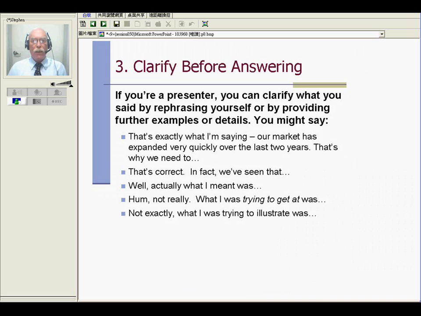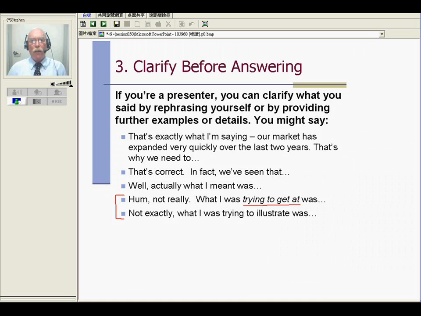So these last two down here we use when we know the questioner has not really understood what we have said, right? So we try to get back to the point or try to get at something, right?